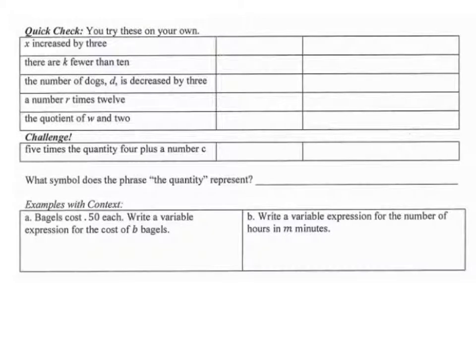Okay, some more to try. Increased means plus, so x plus 3. There are k fewer than, fewer means subtract, and we have a than, so we have to switch the order, so it's going to be 10 minus k.